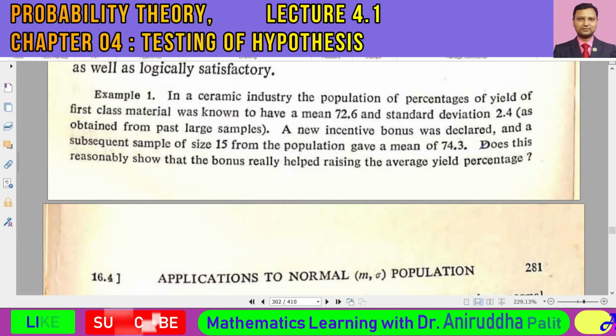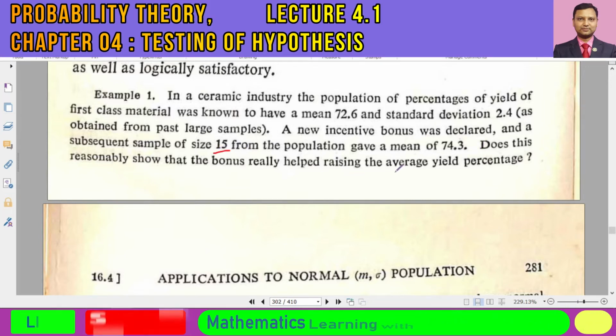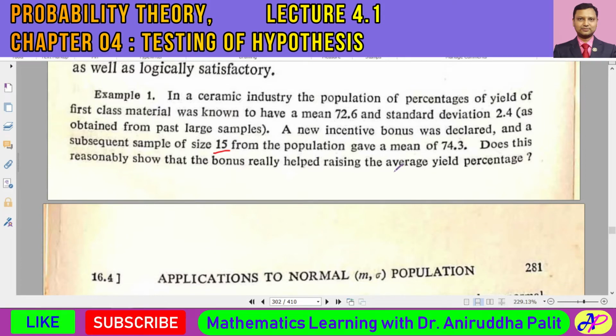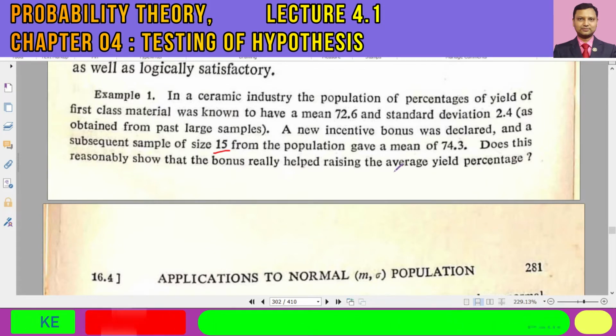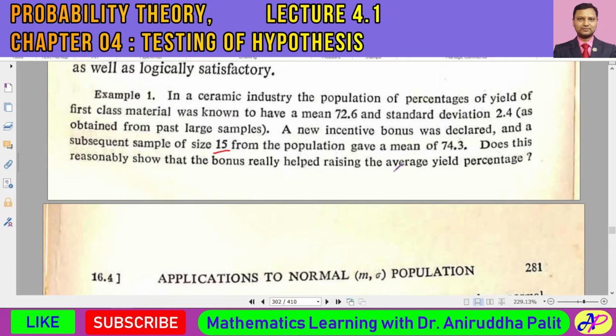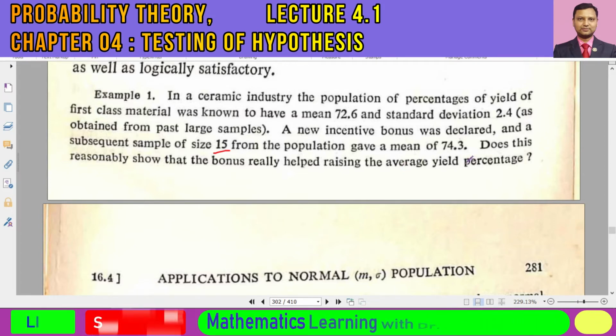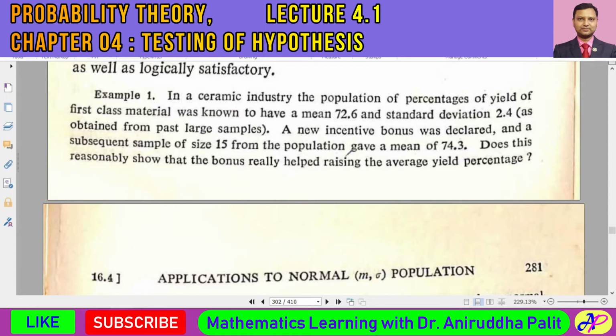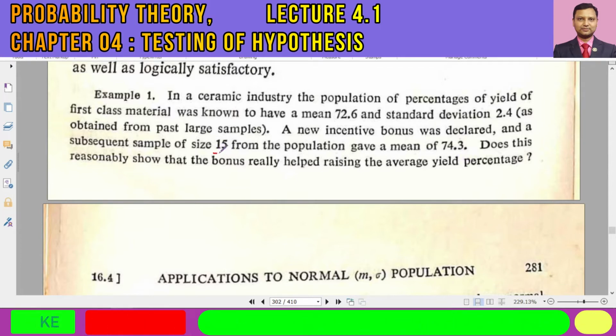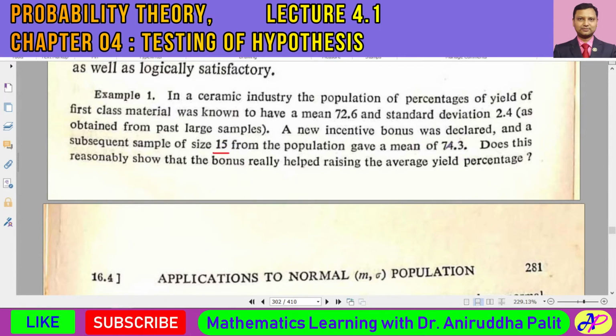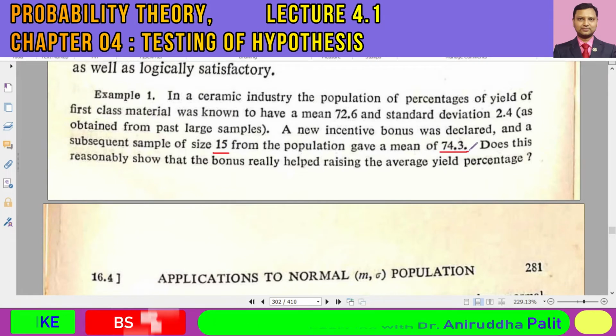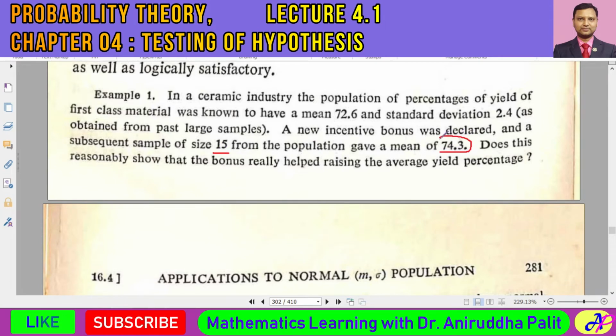All right. So they have taken a sample of size 15 and want to know whether from that sample we can make any conclusion regarding the quality of the next or upcoming production batch. Suppose in this sample of size 15, the sample mean comes out as 74.3.